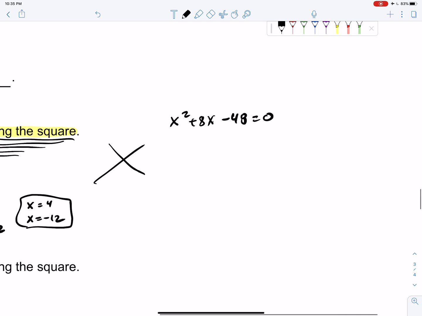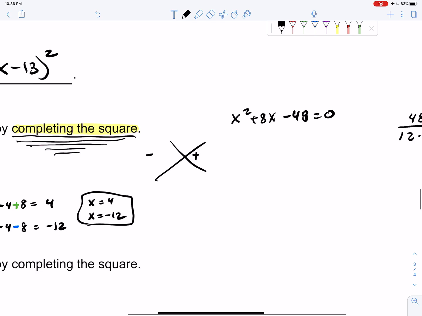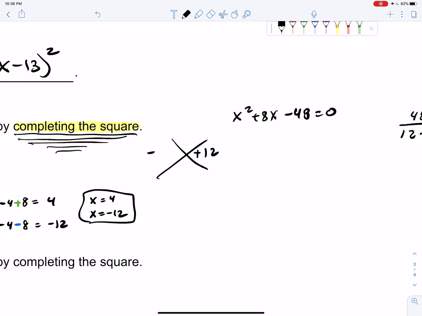Negative times a positive, 48. What numbers are going to work for that? Maybe 12. 12 times 4 is 48. Okay, we're going to have to make a positive 12 and a negative 4, because we're looking for two numbers that multiply to negative 48 and also add to 8.